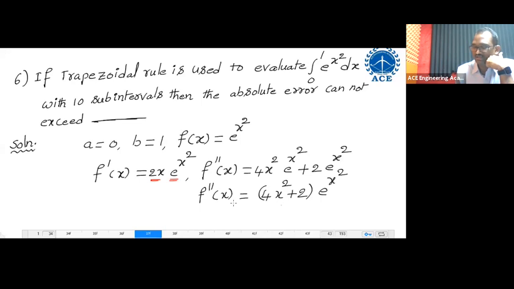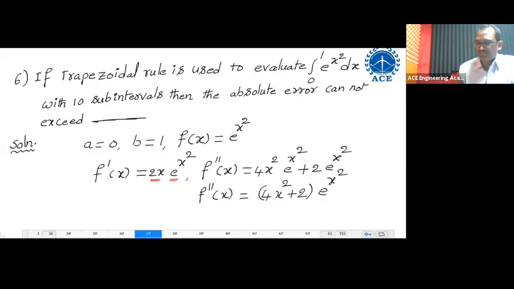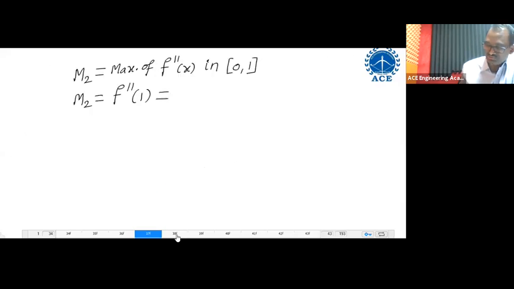The e power x square curve is an increasing curve. So f double dash x will take its biggest value at 1. So f double dash of 1 is equal to 4 into 1 square, 4 plus 2, 6. 6 into e power 1 square.